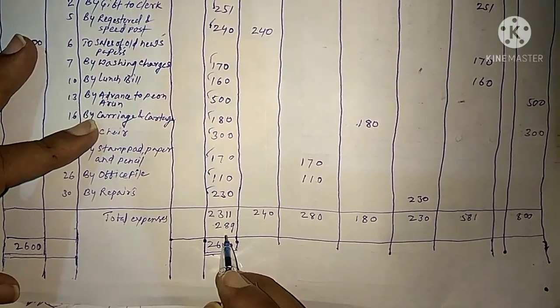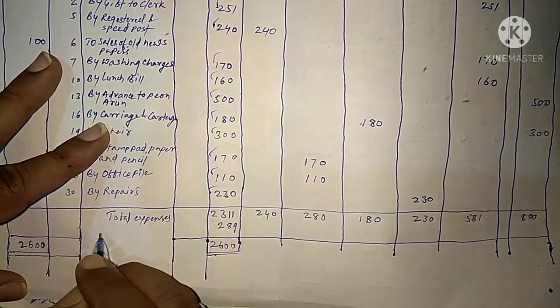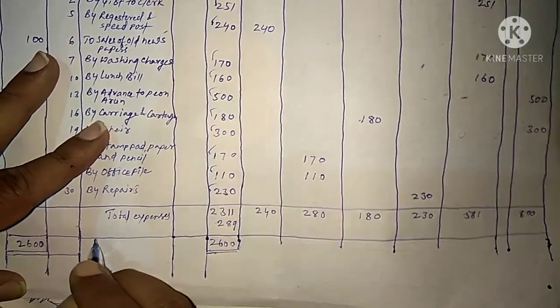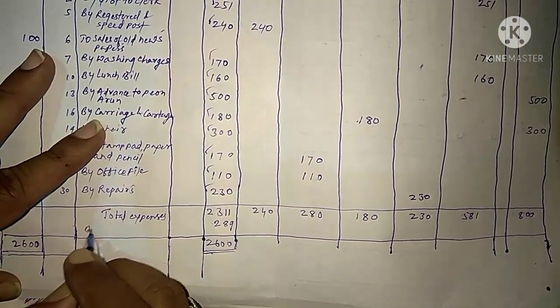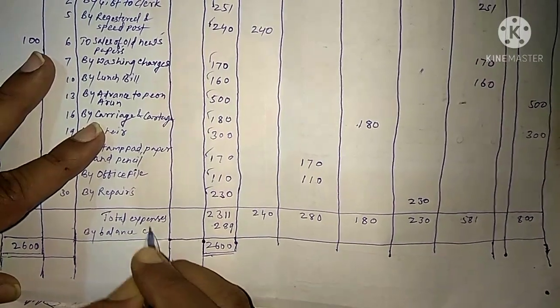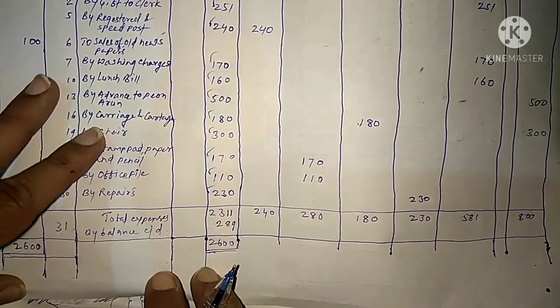And now here in the front of 289 we have to write by balance c/d. And date here we have to write 31.